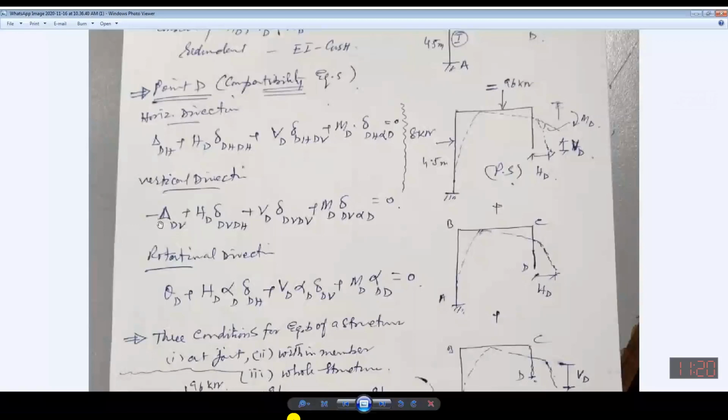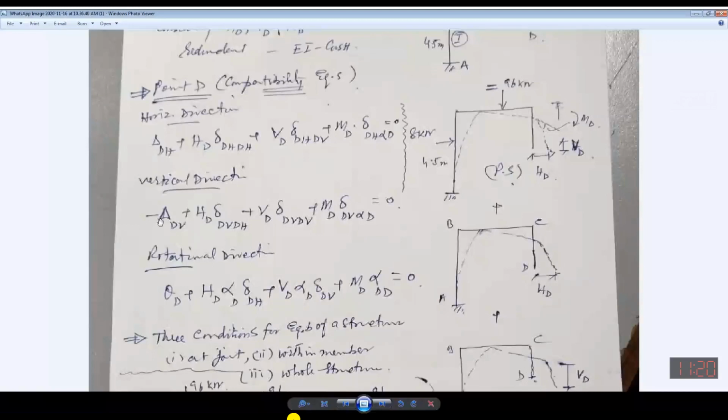This vertical direction is minus, because it is moving downward. It will depend upon in what direction you are applying the load. If you are applying in the downward direction, it will be considered negative. If you have applied it in the vertical direction upward, then you will consider it positive.